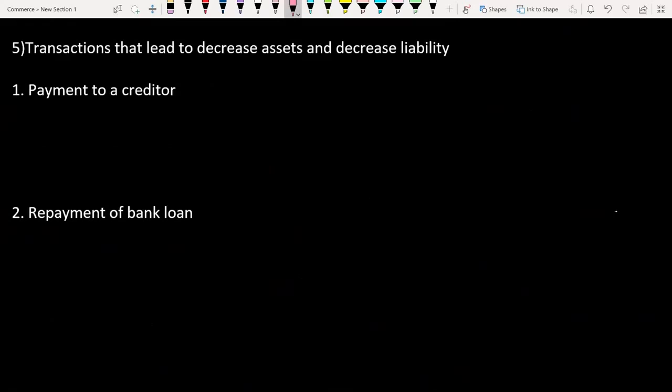Now, we know that because of credit purchases, the liability called creditors occurs. So how do we reduce creditors of a business? By paying cash to the creditors. So if a business pays cash to the creditor, the total creditors of the business will reduce.